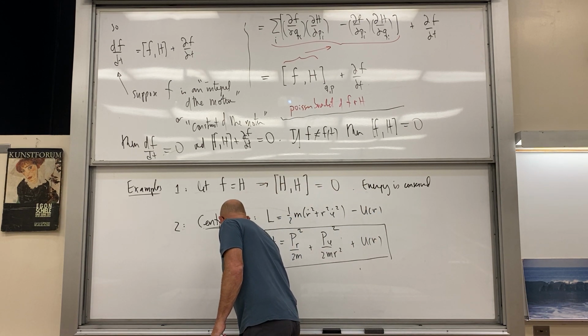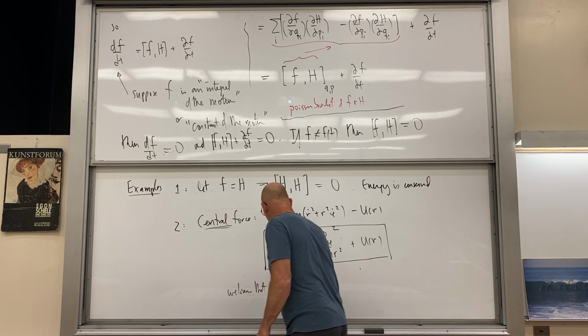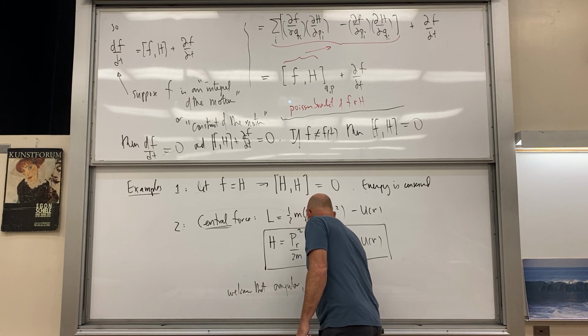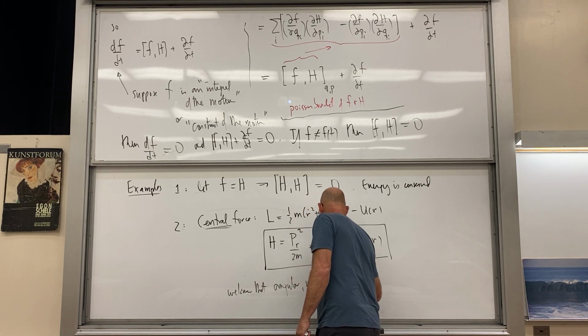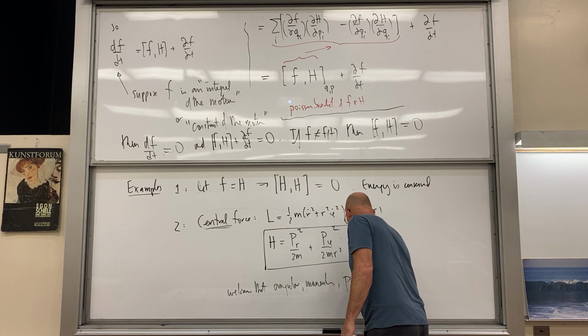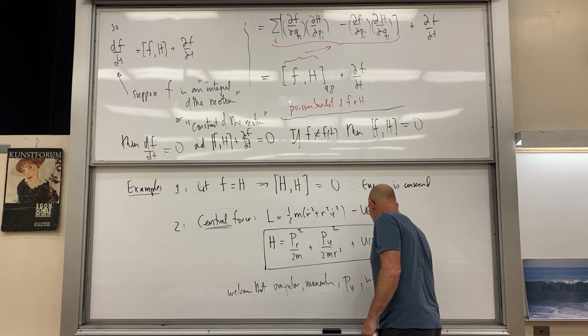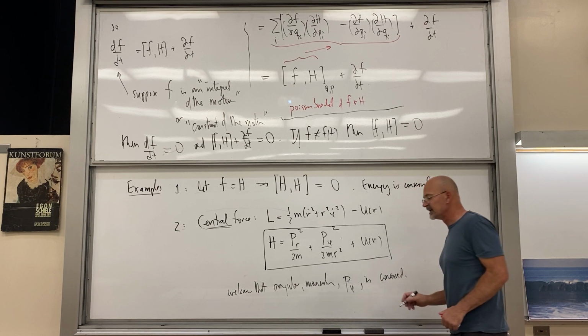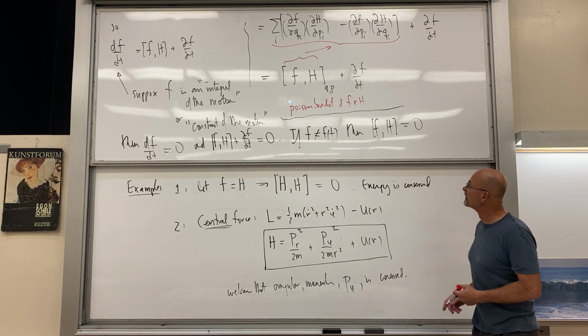The angular momentum is conserved. So we know that angular momentum p sub phi is conserved. So let's see what that looks like in the Poisson bracket formalism.